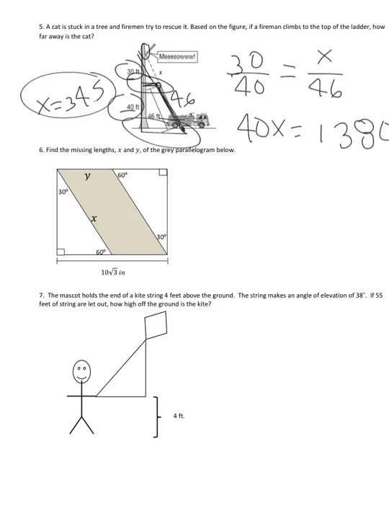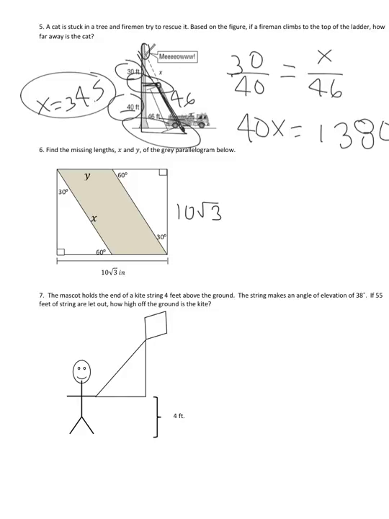But not the point either here nor there. So find the missing lengths. You have 10 square root of 3. It's not stated here, but this is a square, and I might have to change that for the actual papers I pass out, because that's one of the keys to this. That means that all sides are 10 square root of 3.